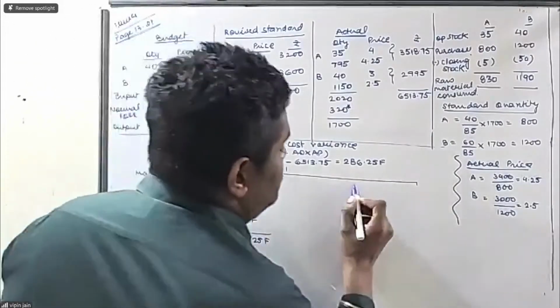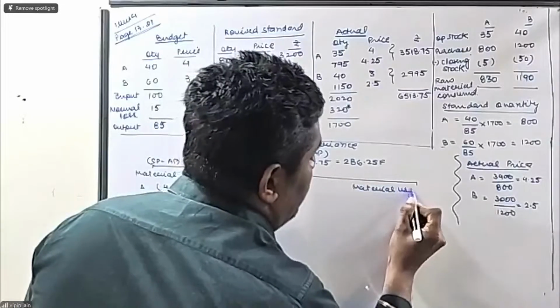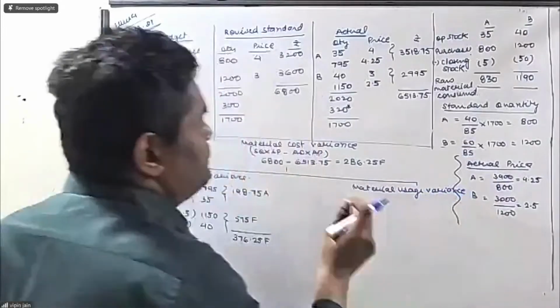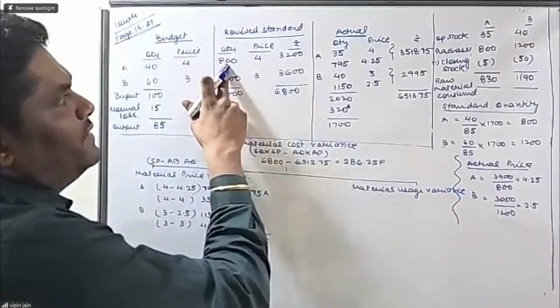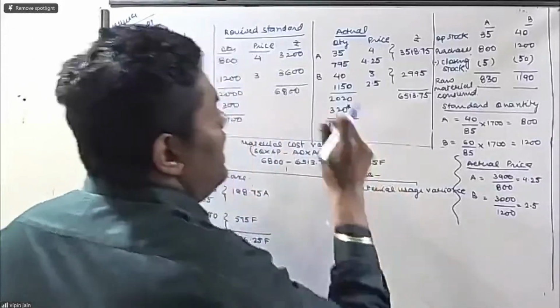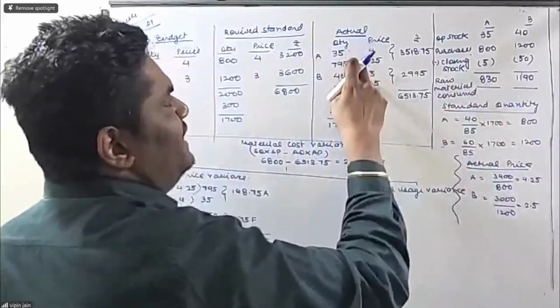Next is material usage variance. How much quantity were we supposed to use? 800, so that is the standard quantity. How much quantity did we actually use? 830. The total of this is 830.